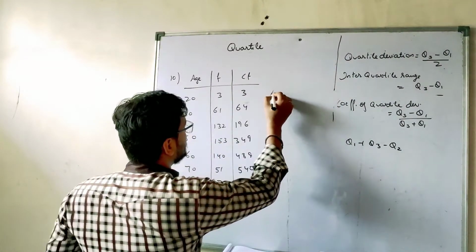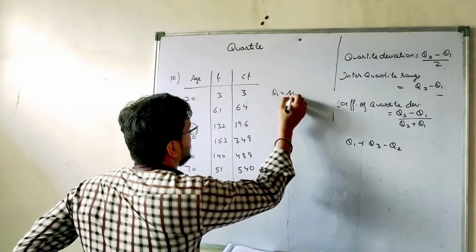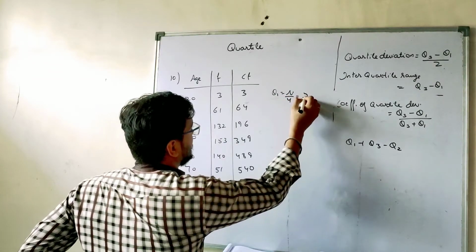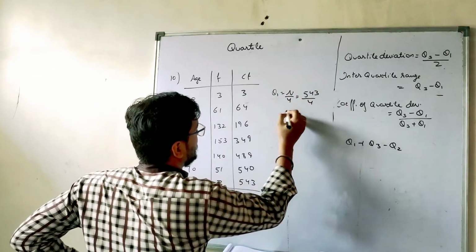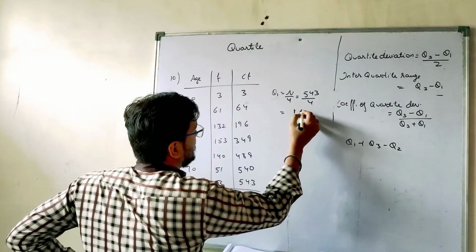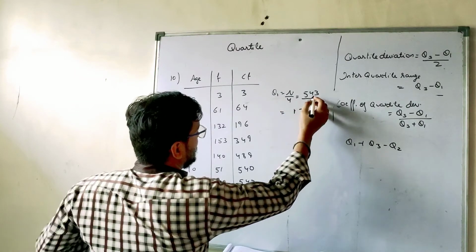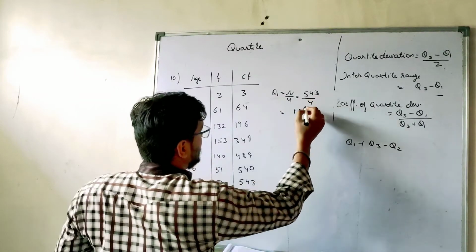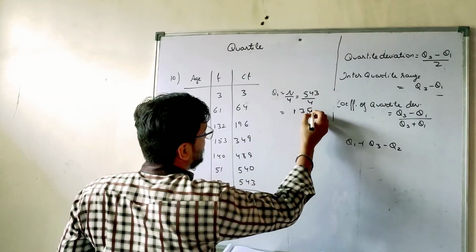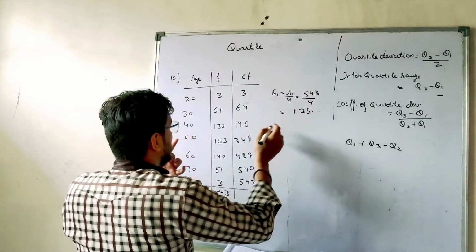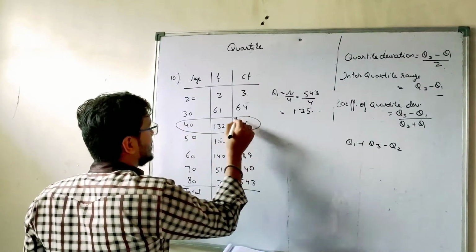So Q1 is equal to n by 4. So n by 4 is 543 upon 4. So 135 point something. So this will lie in this range, right?